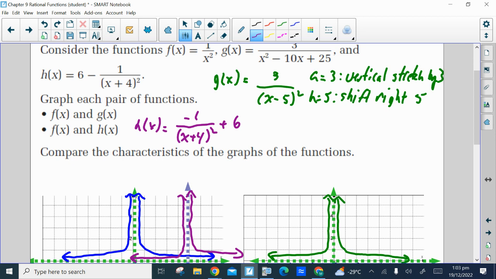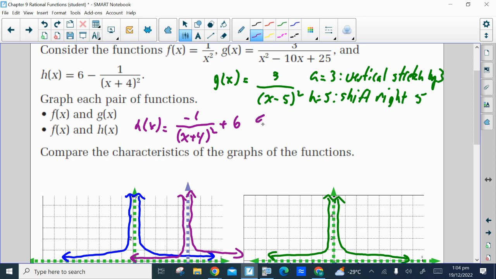You've got an a value of negative 1. So that's going to reflect the graph over the x-axis. You've got the fact that x is replaced with x plus 4, which means you have an h value of negative 4. The graph's going to go 4 to the left. And then a k value of plus 6, so the graph will shift up 6 units.